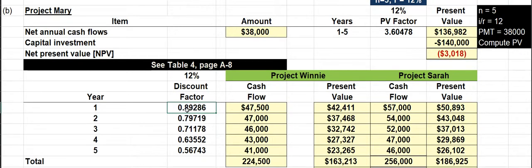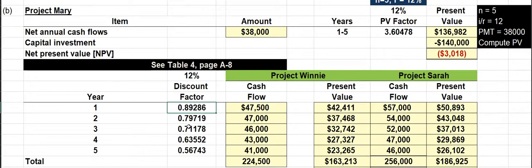0.89286. This is telling me that $1 one year from now is worth 89 cents today if it's invested at 12%. Think of it this way: if you took 89 cents today and invested it at 12% for 1 year, at the end of the year you would have $1.